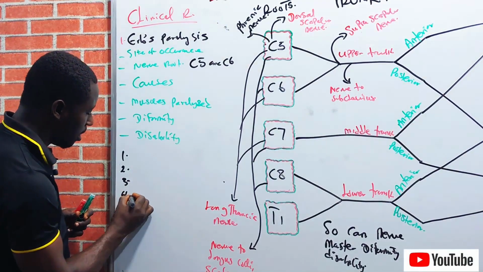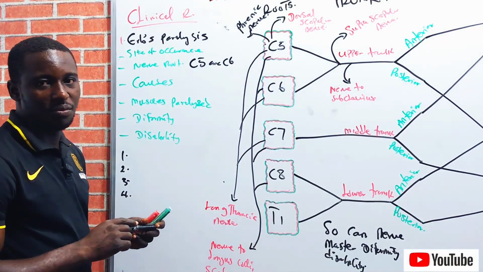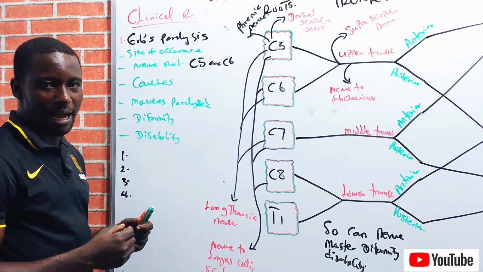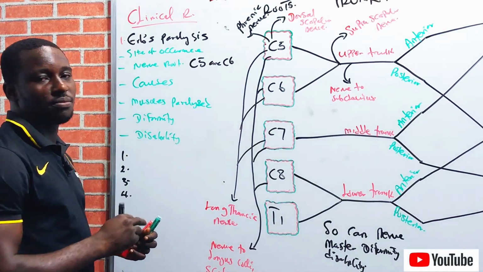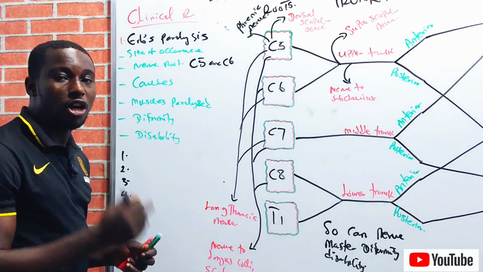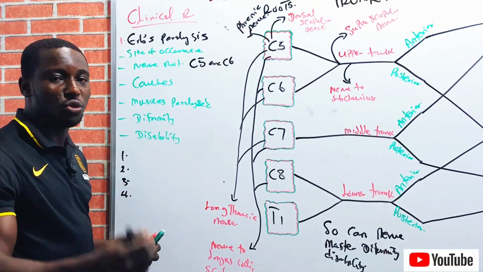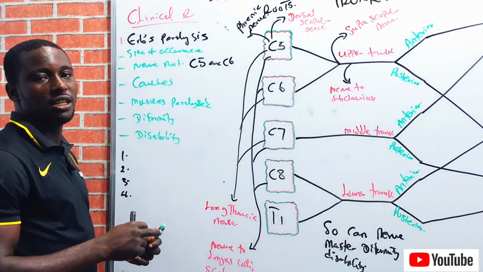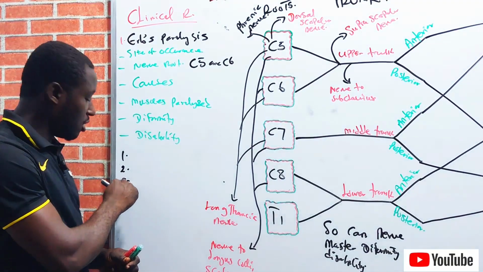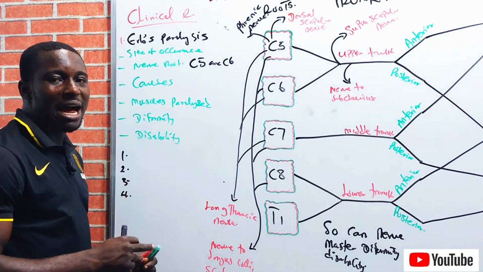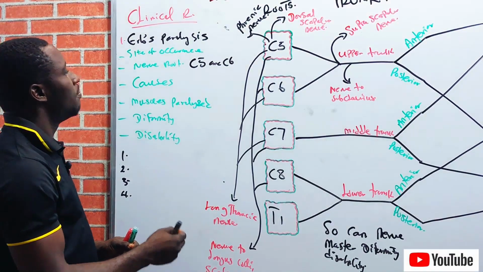Number four, hyperextension of the neck, not the arm. Those are what cause Erb's paralysis.